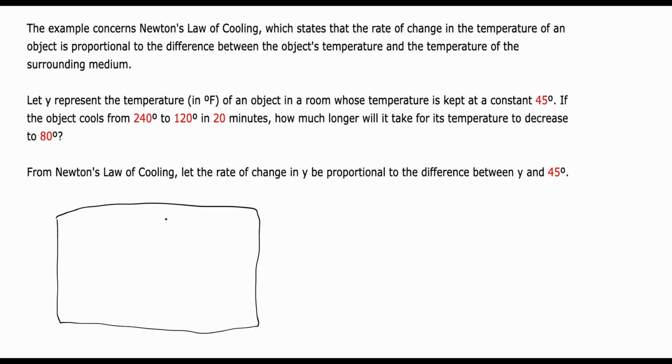There's a room where the ambient temperature, I'll call it T room, is 45 degrees. There's an object in the room. The temperature of the object in the room is 240 degrees at t equals 0.